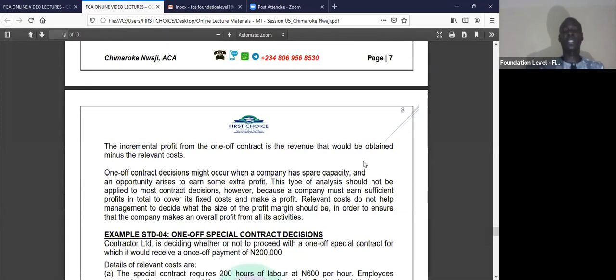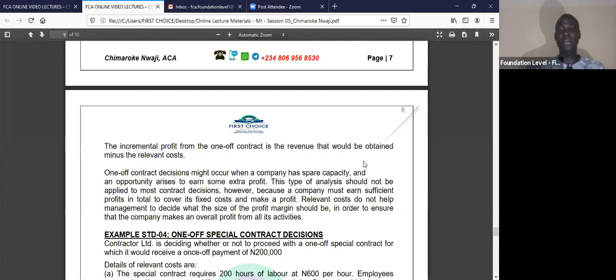One-off contract decisions might occur when the company has spare capacity, fine, and an opportunity arises to earn some extra profits. So because you have spare capacity, you can do certain jobs and increase your profits in that available time that you are whiling away.